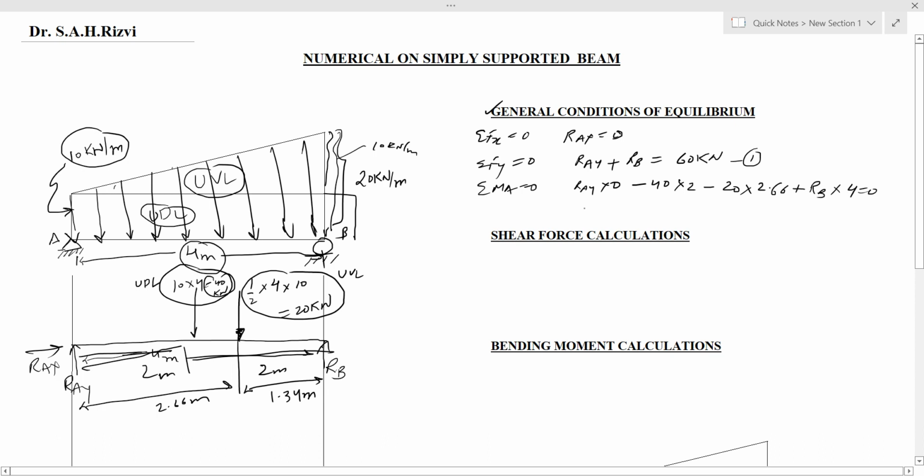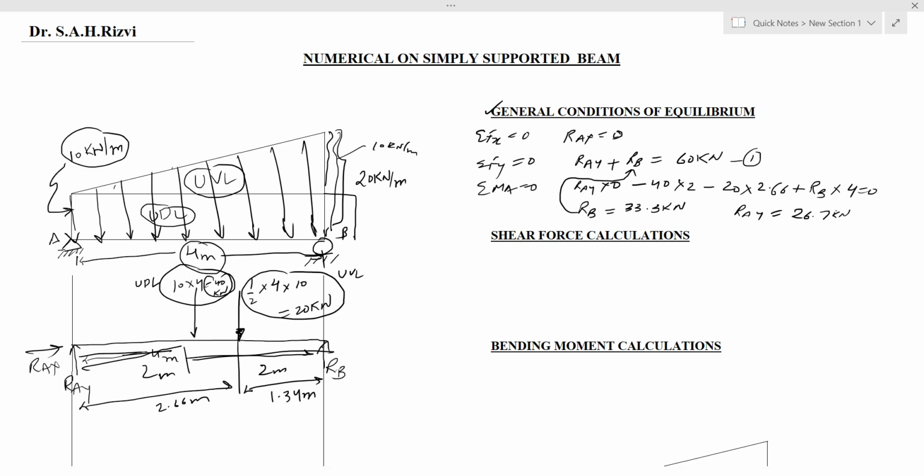From here we get the value of RB as 33.3 kilonewton. We place this value of RB in equation number 1 and find the value of RAY as 26.7 kilonewton.